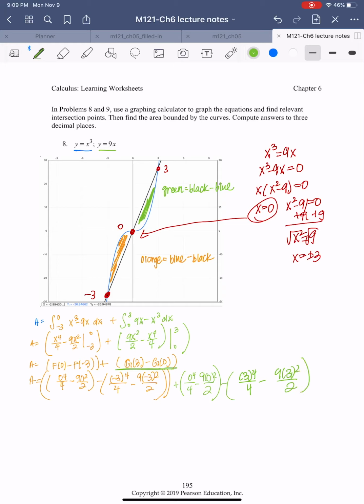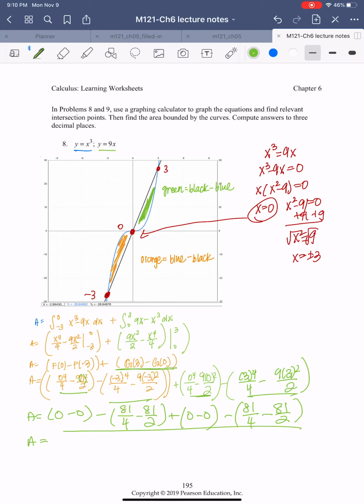All right, simplifying, it's zeros: 0 minus 0. And then the second parentheses, I get 81 over 4 minus 81 over 2. These are the zeros again, minus 81 over 4 minus 81 over 2. So the final answer, after doing all that algebra, I got 40.5 as our area.